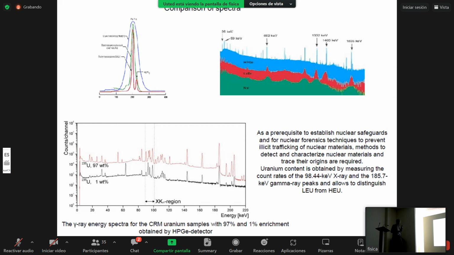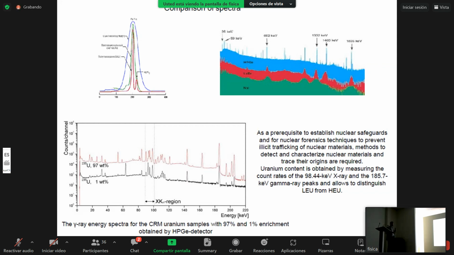You can see some peaks as well. And if you look at the sodium iodide detector, you will see that these peaks are wider. And if you have isotopes which have gamma ray energies located close to each other, it would be impossible to distinguish between them.